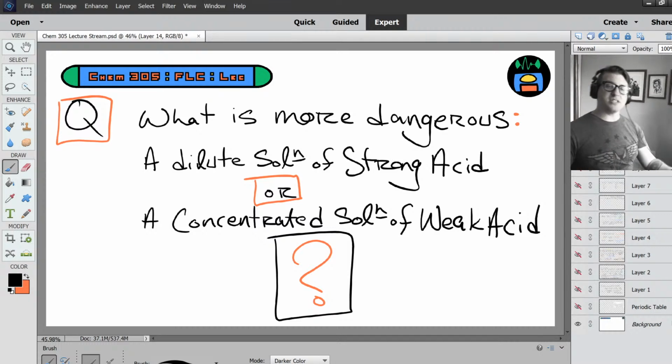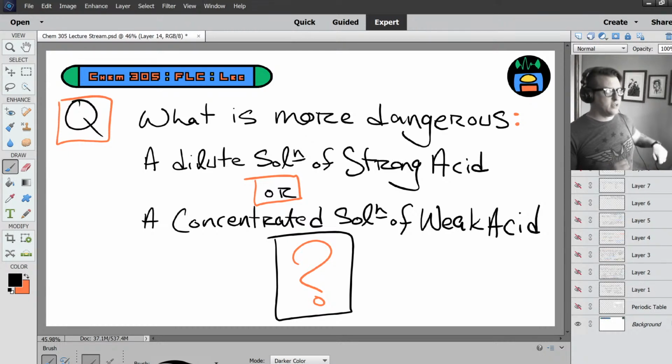But the point of this question isn't so much to find an answer, but to get us thinking about the acidity level of a solution. We've been thinking about individual acids. How strong is this molecule? How strong of an acid is this molecule? How reactive is this molecule?